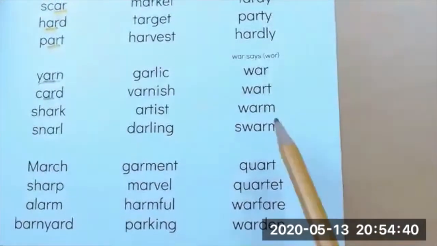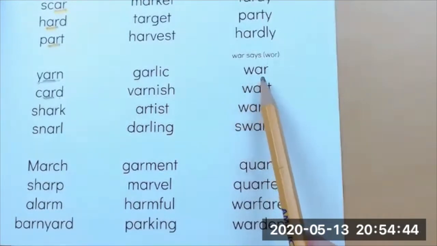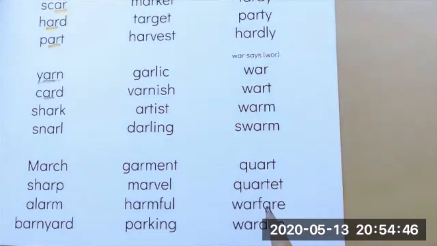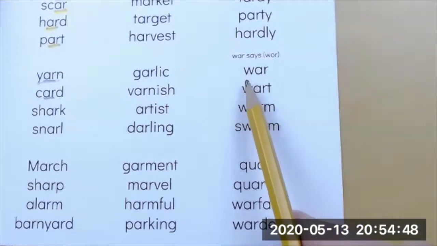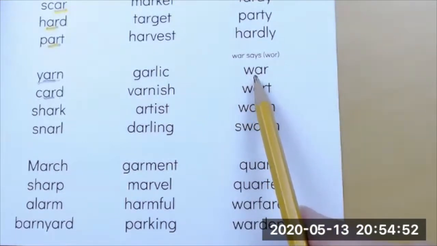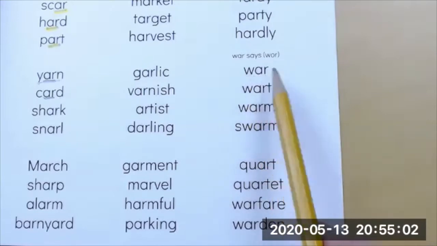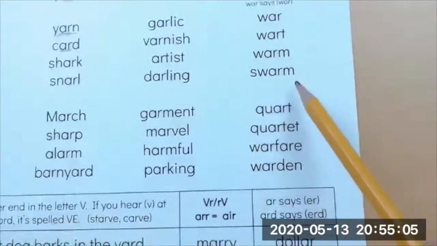So we're going to tell them that W is bossy, and W makes AR say something different. And they perhaps have already done the WA work, where A no longer says ah, like in wash. So here we have or, war, and wart, and warm, and swarm.